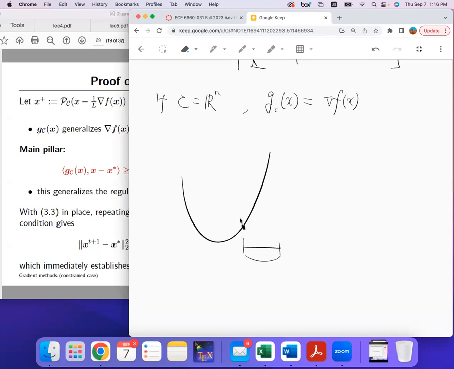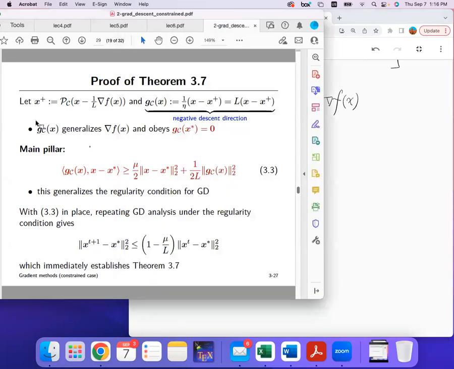The gradient is not 0 because you have a constraint. But if you refer to this definition, then at the minimizer, G_C(x star) is 0. So this is a proper generalization of the gradient in the constrained case.